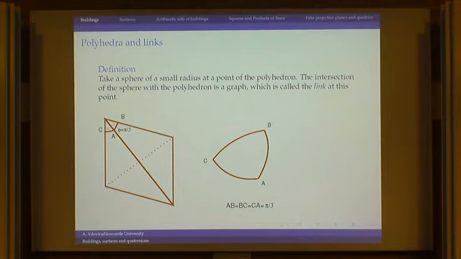Sometimes it's useful to introduce the lengths as angular lengths at vertices, but sometimes we are just happy with the combinatorial definition of a link. And this kind of geometry is induced just by the combinatorics of the building.